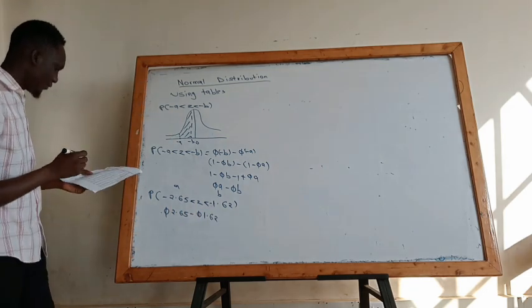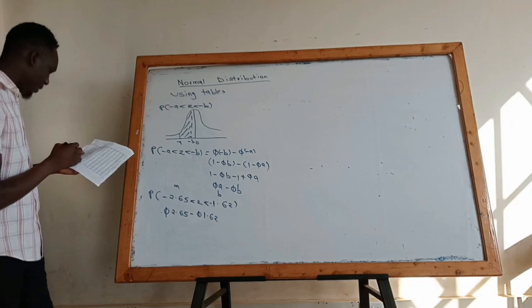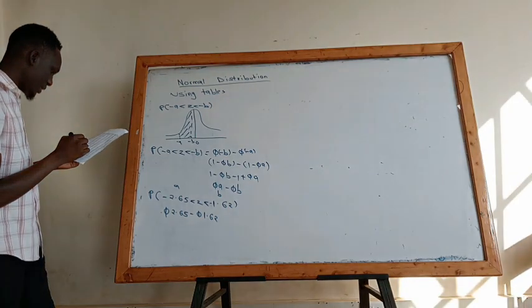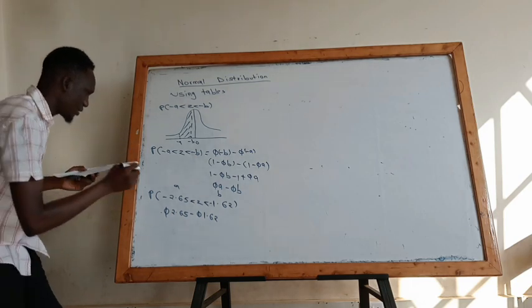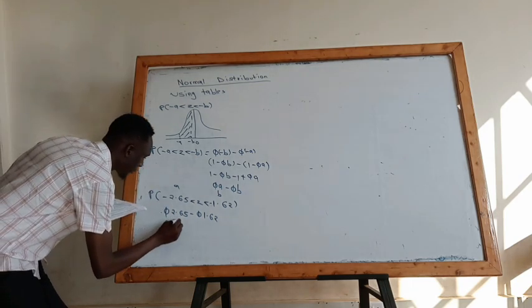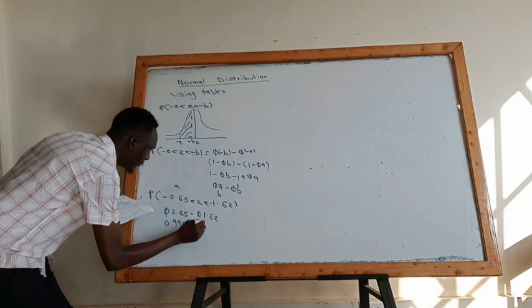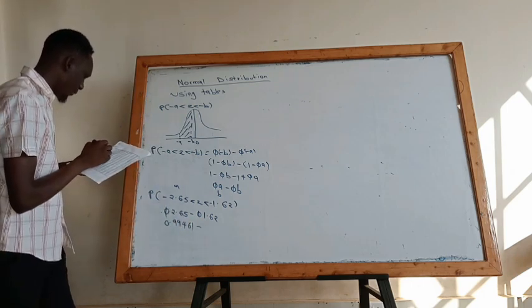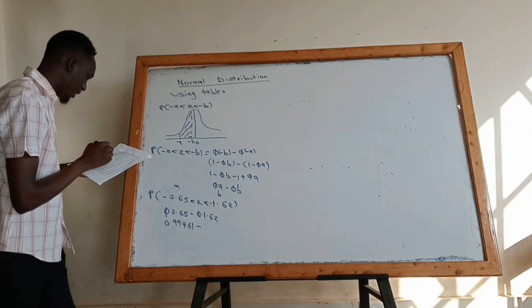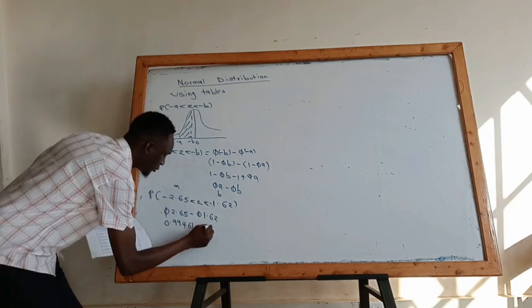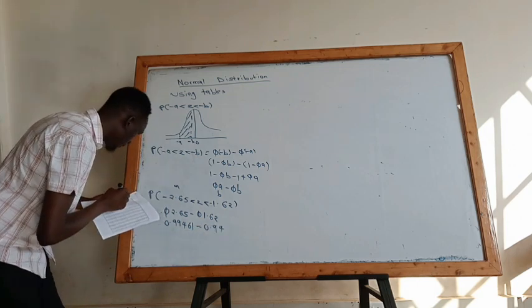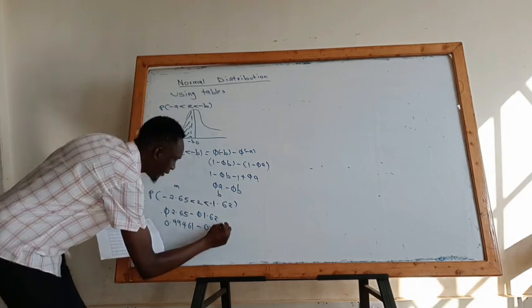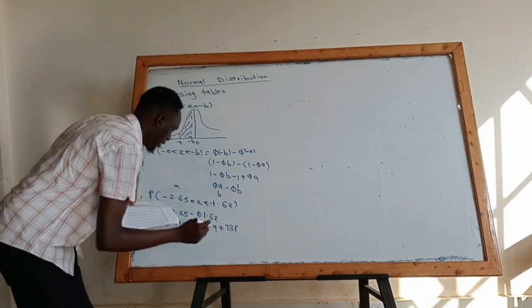From our table we have phi of 2.65 is 0.99461, minus phi of 1.62 is 0.94738.